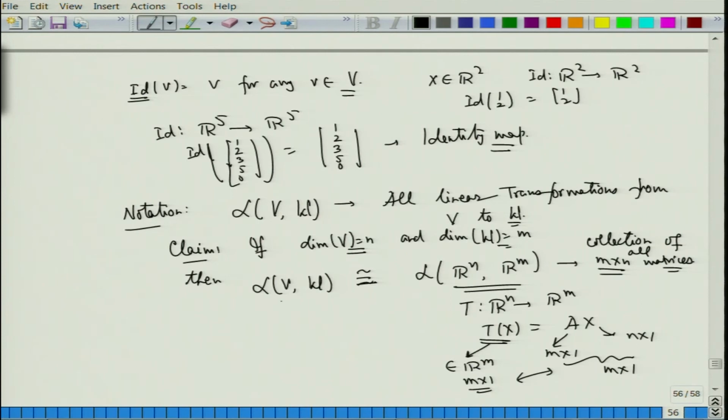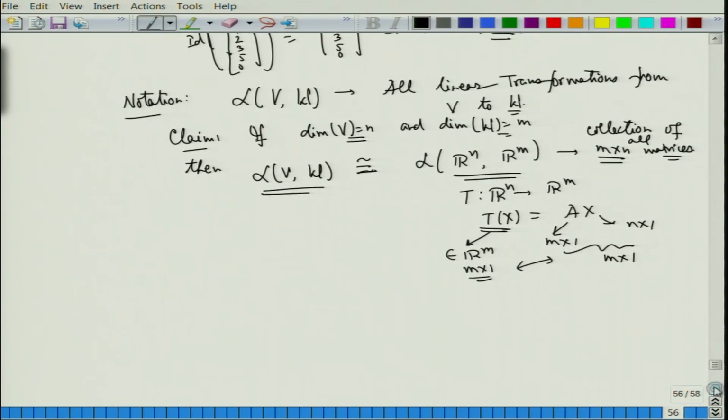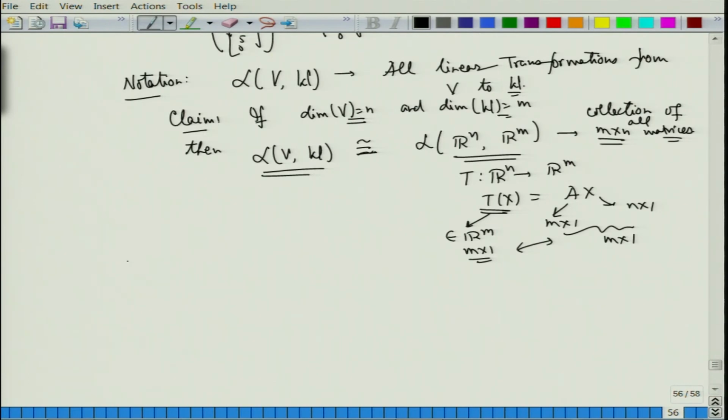So, let us look at the idea here, what I am trying to do here. What we want to say is that if I want to look at L of R2 to R3, fine, then I am looking at the collection of all linear transformations from R2 to R3. As shown here, T will correspond to something like, so I have to take x and y here.